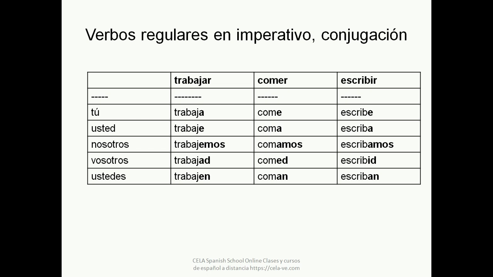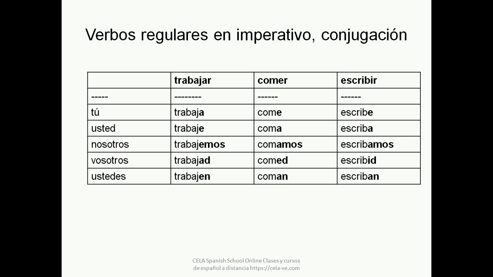The rest of the verbal persons, usted, nosotros, ustedes, have the ending with the vowel e if the verb is from the group ending in ar, and the ending with the vowel a if it is a verb that ends in er or ir.